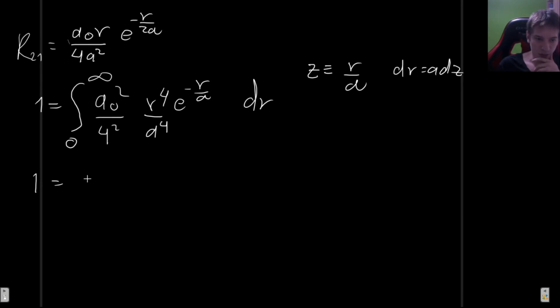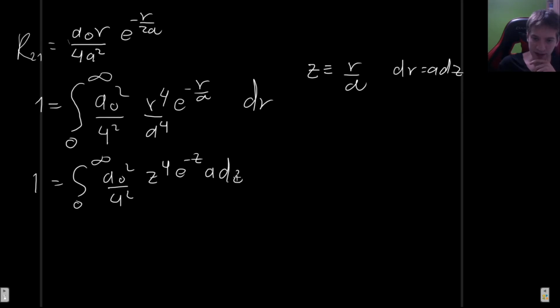Let's put this into the integral then, and we get the integral from 0 to infinity, a0 squared over 4 squared, which we can actually just take outside of the integral, z to the 4th power, e to the minus z, and then we get a dz.